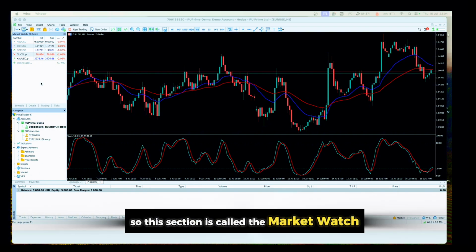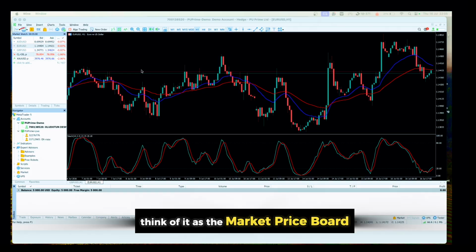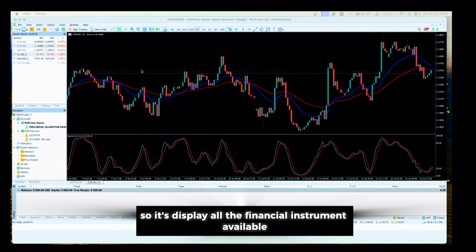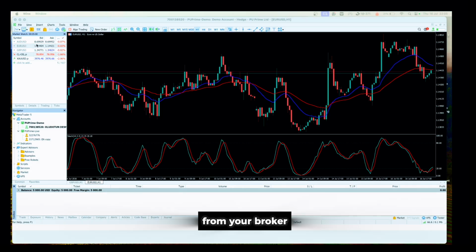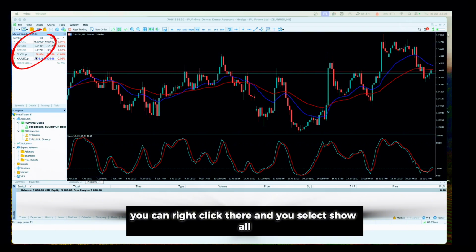So this section is called the Market Watch. Think of it as the market price board. It displays all the financial instruments available from your broker. It also allows you to add more financial instruments, and all you need to do is come to this section, right click there and select show all.